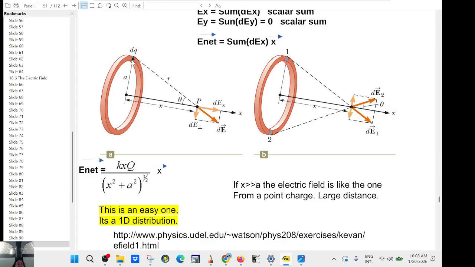So you divide it in little dq, and every single one will make a dE. Do you agree? Then you go around and add them up, and you see that there is a symmetry. Can you see that the y component will cancel out? Only the x component will stay.